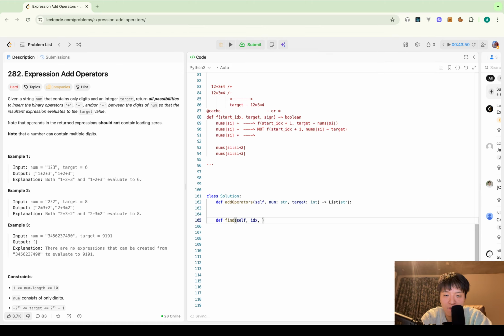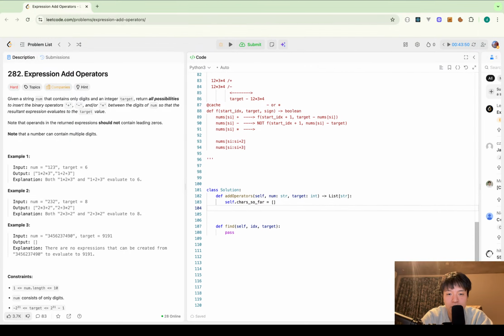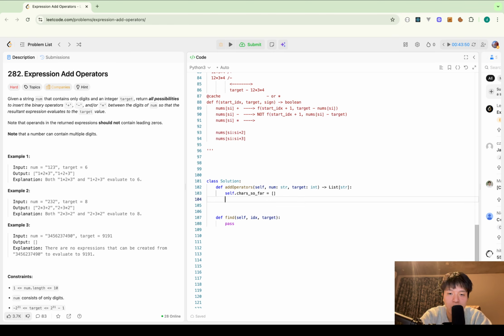This is the start index, and this is the target I'm trying to create. This should be chosen software. And here, I return this.